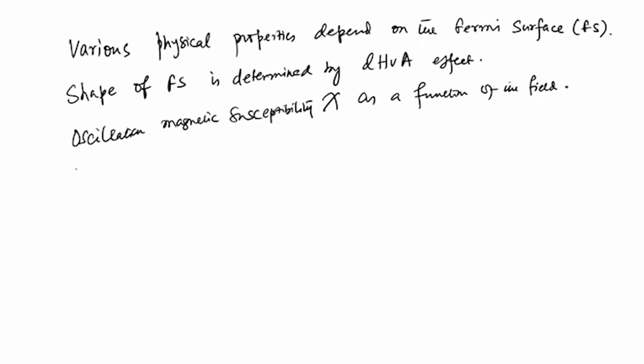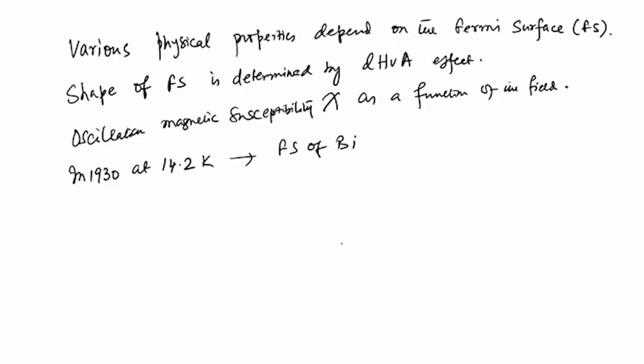in 1930, and they did it at pretty low temperature. This was at about 14.2 Kelvin, and they found out the Fermi surface of bismuth. Okay.